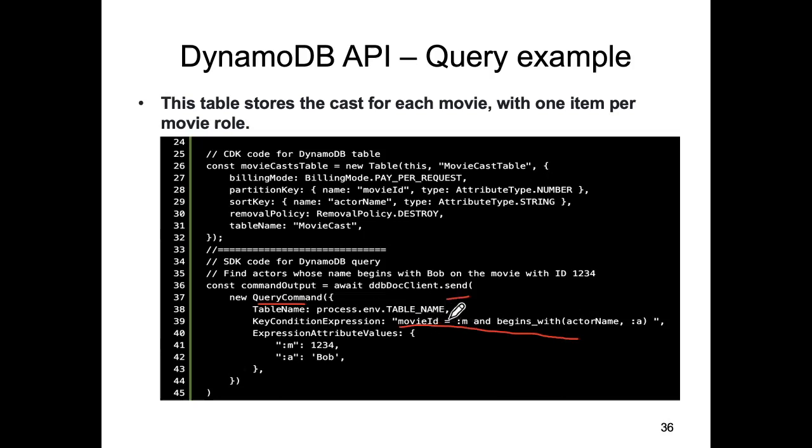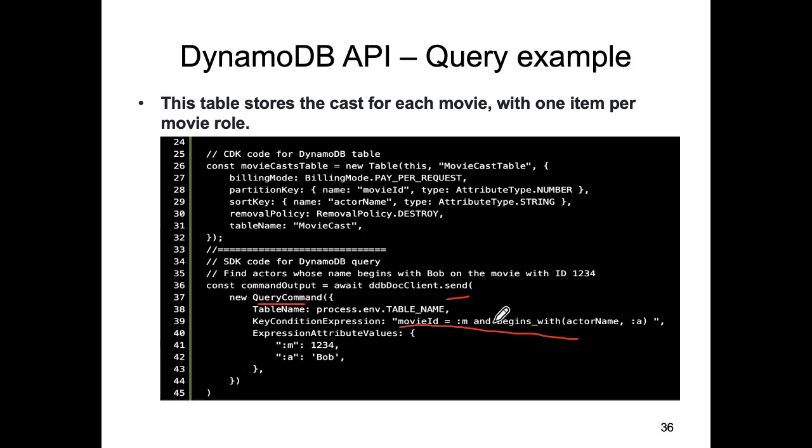But note I'm using the equals operator. It has to be the equals operator; that's the only option I have for the partition key part. I mentioned that on the previous slide. So in the collection I want returned, the movie ID has to be a specific value, and the actor name has to begin with a specific substring.